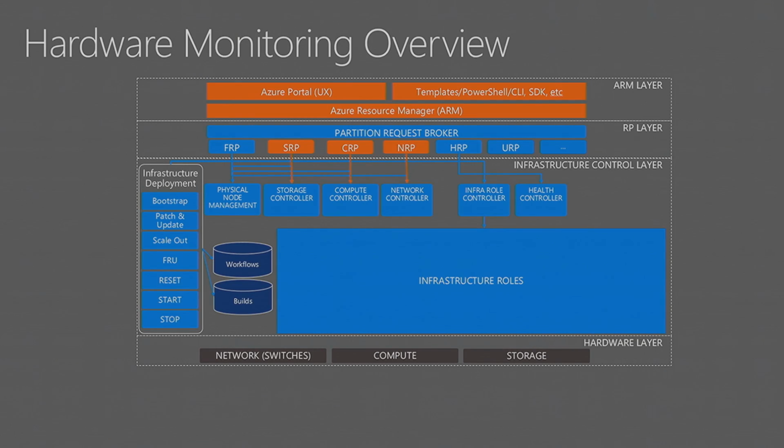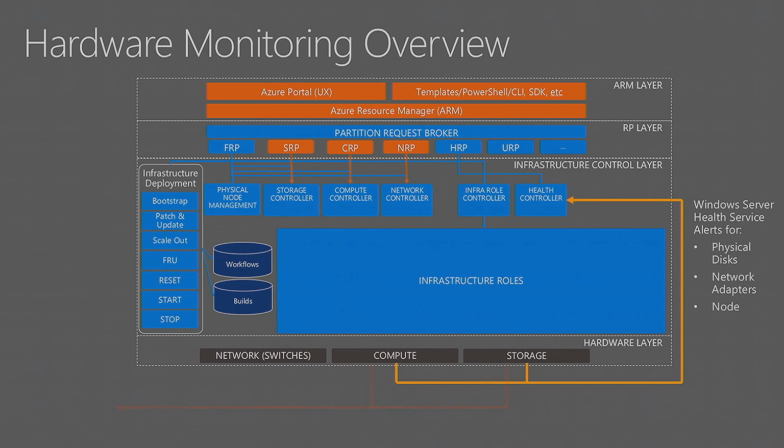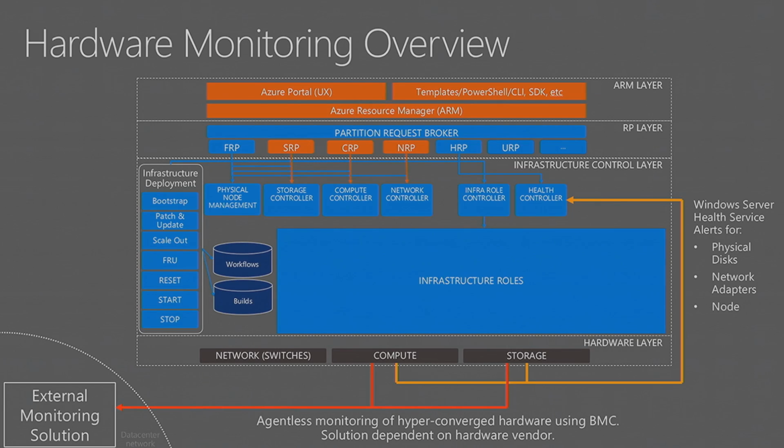What we've talked about so far is the software monitoring aspects of Azure Stack. As admins, you also care about the hardware monitoring of Azure Stack, I would assume. We provide native support for physical disk, network adapter, and node alerts within Azure Stack, within our Health RP.